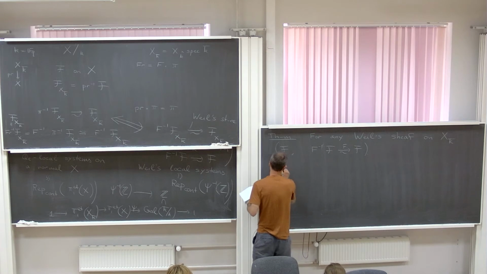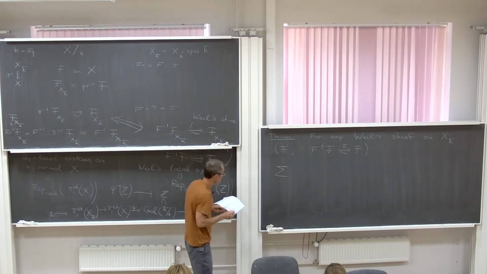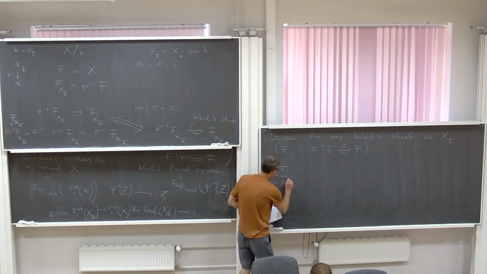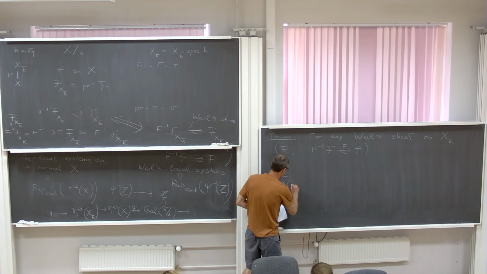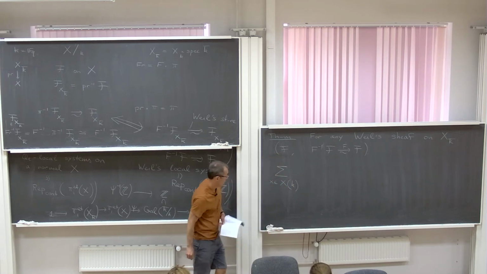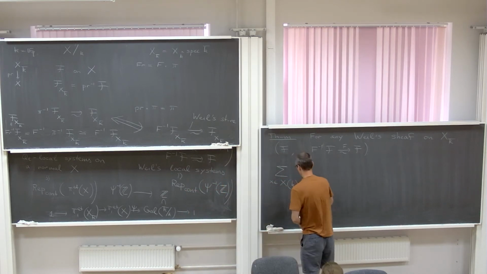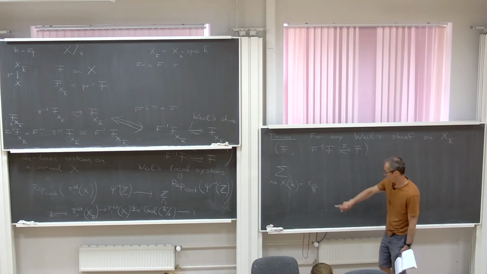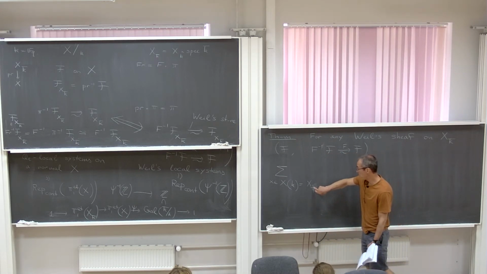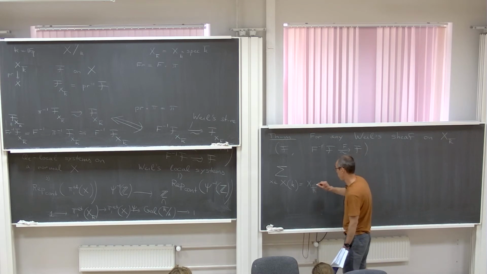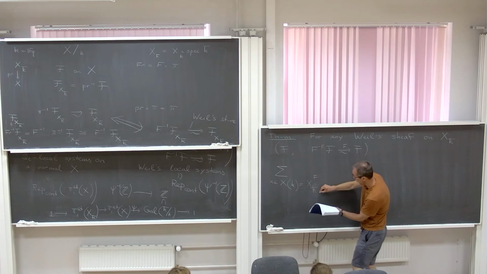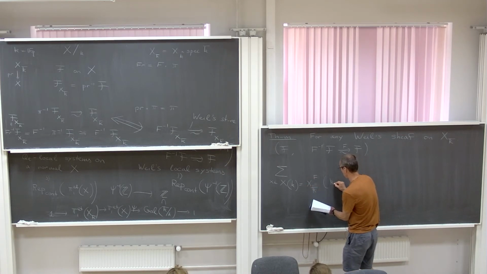So this is a sum over all points. I take rational points of X, and that's the same as taking k-bar points fixed under the Frobenius, which means that you take this scheme, you take the fixed locus, and you take k-bar points of that.